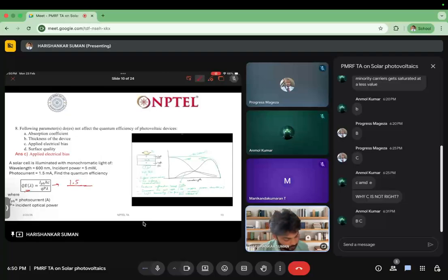This is in milliamp, and h is Planck's constant, c is also a constant, the speed of light. And q is the electronic charge, 1.6 times 10 to the power minus 19 coulomb.